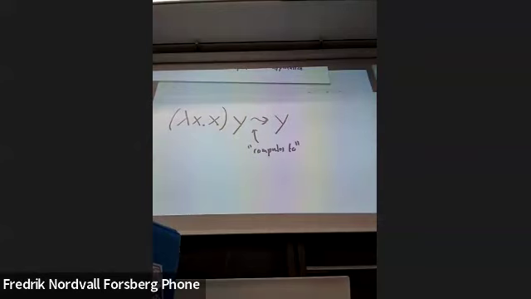Okay, so that's the basic step. We could write it out more generally, just to say lambda x dot t, for any term t, applied to some s computes to t with s substituted for x.